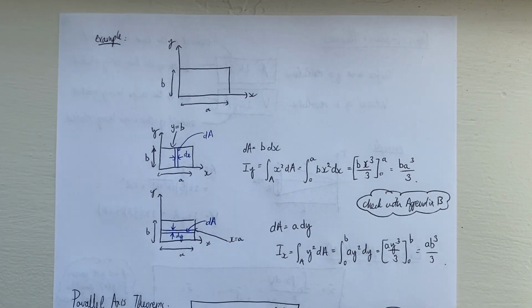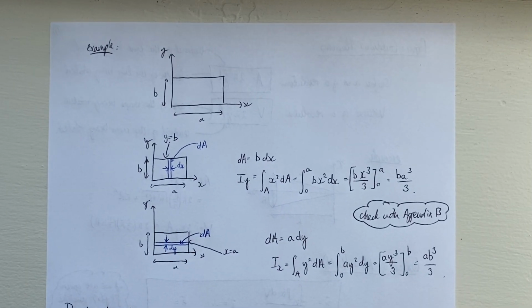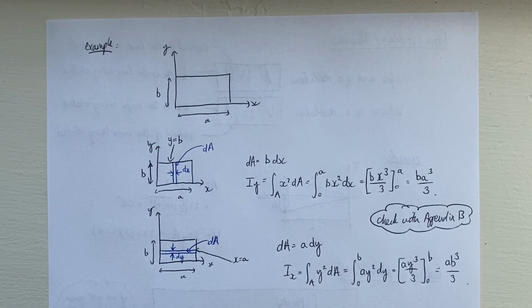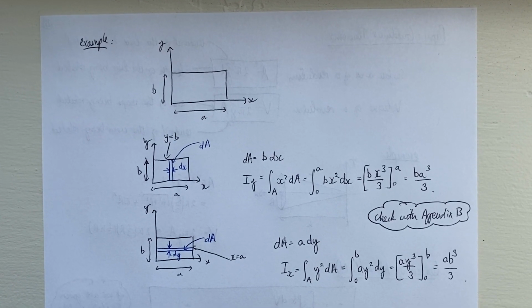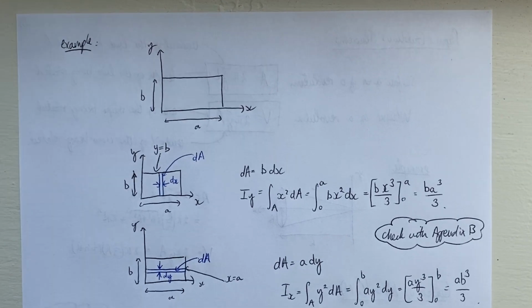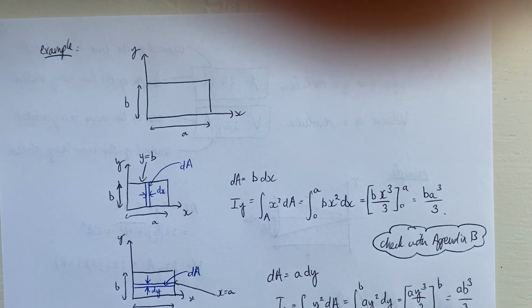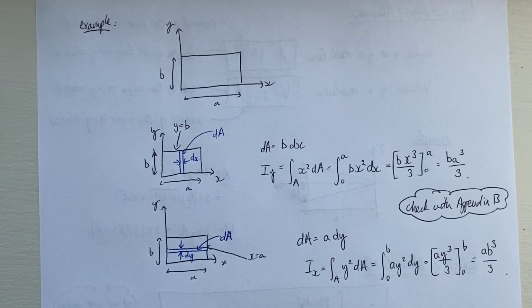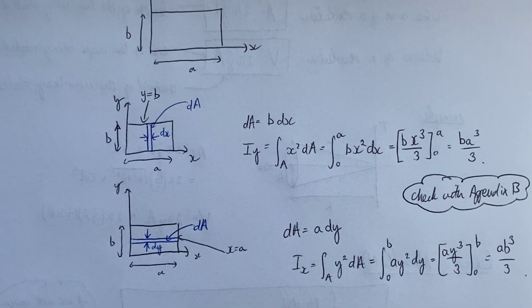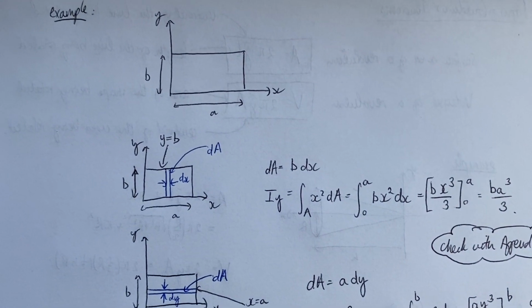If we're looking at finding the moment of inertia of this rectangle, so the rectangle has base a and height b, if you like, then what we do is we split up the rectangle into strips of width dx, and then we know some information.